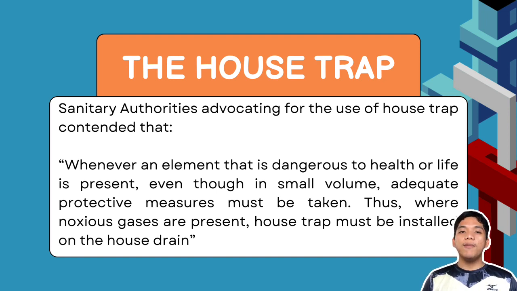So basically sa statement na ito, whenever there's a small fraction or kahit kakaunti lang na element, there must be an adequate measure na kailangang gawin agad, aksyonan agad. Kailangan hindi na natin antayin pang lumala ito.